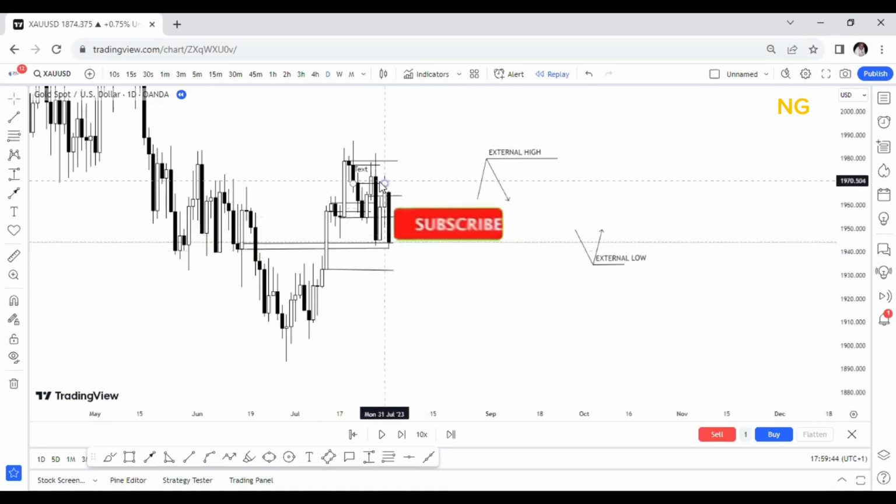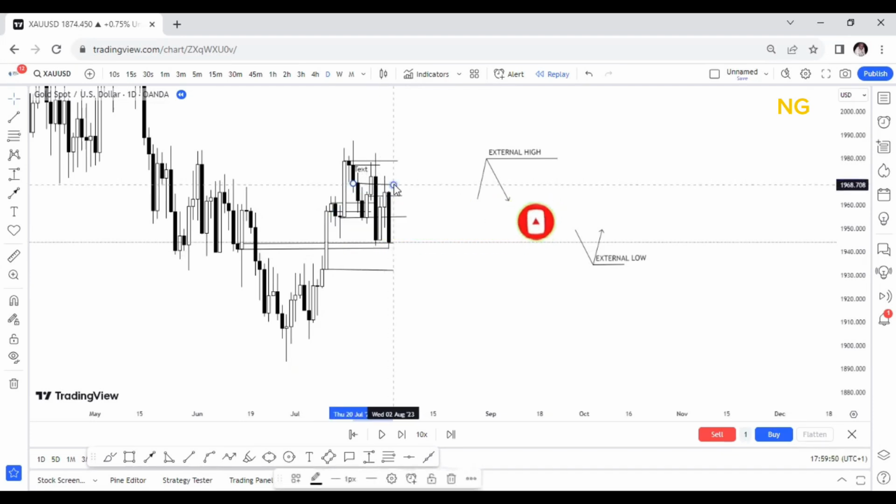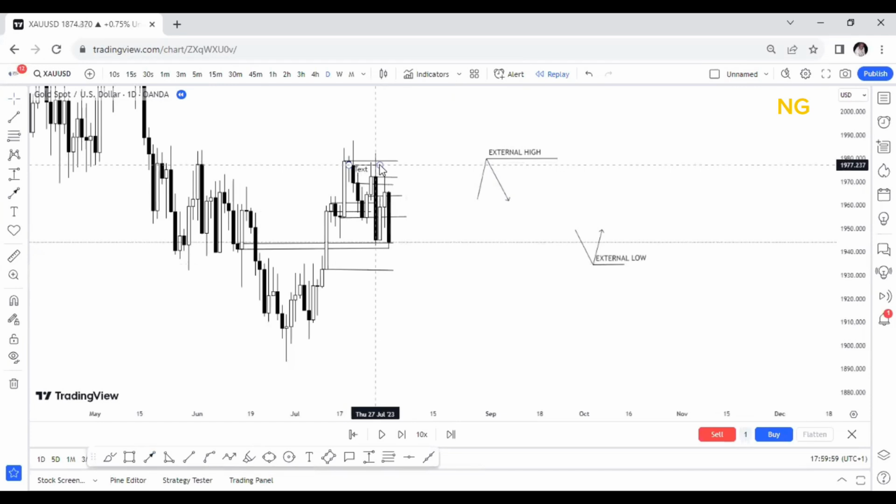Once it goes back to this place here, it comes to another fresh level here. See it? This is a fresh level, and it pulled back. But because this place has been taken out, it's no longer fresh. That's why it could not go higher. It stopped from here. Why? Because this place was fresh. It has taken out liquidity here.